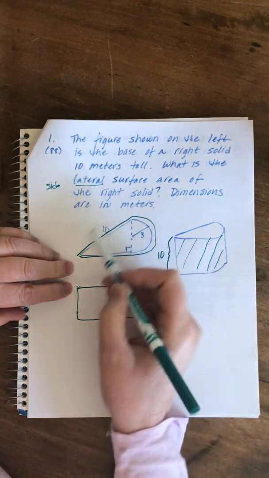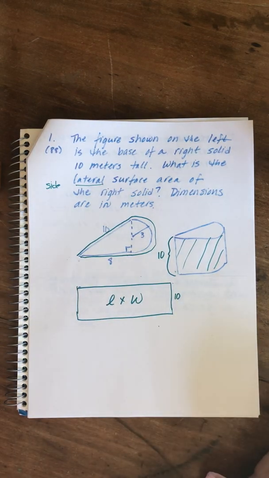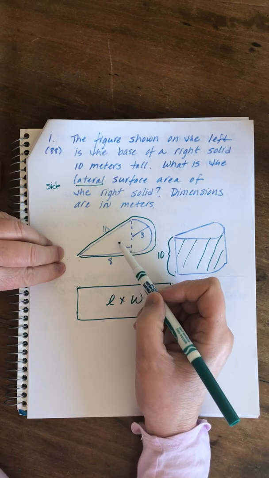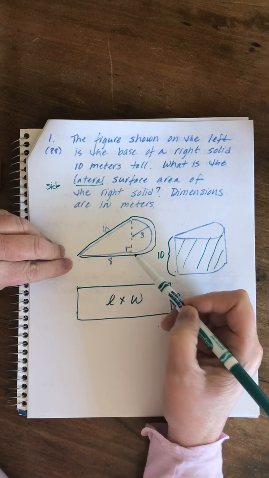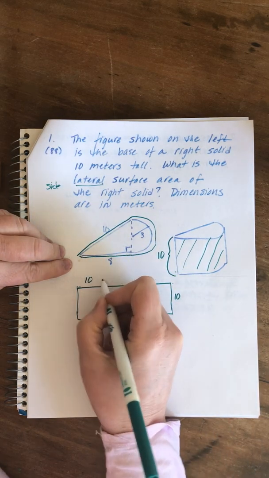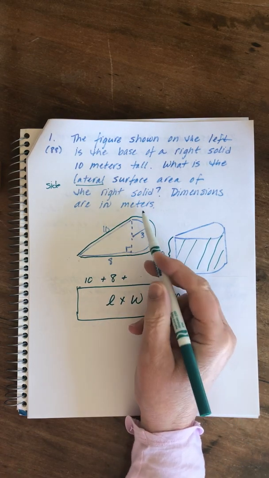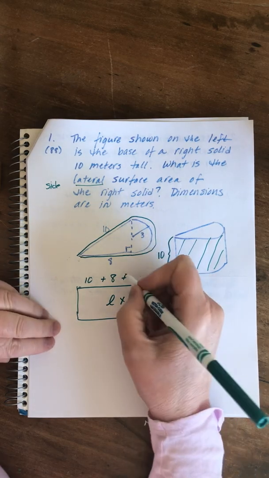The perimeter of this shape will be equal to the distance of that dimension. So we need to add not the area of the triangle. We don't need all of this. We just need the length of this side and the length of this side. So 10 plus 8 plus the circumference of the semicircle, which you correctly calculated as 9.42.